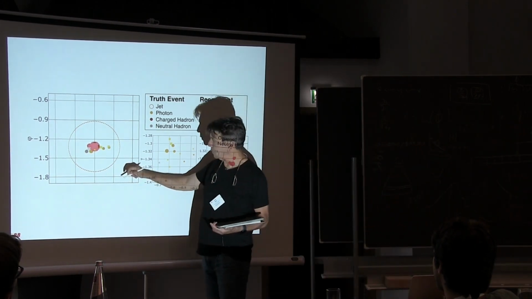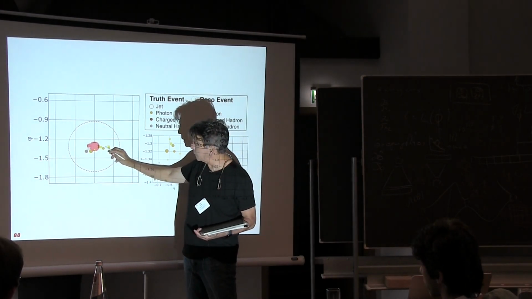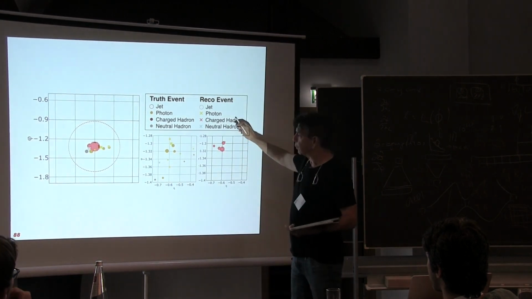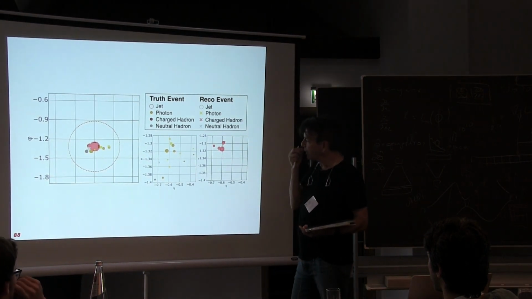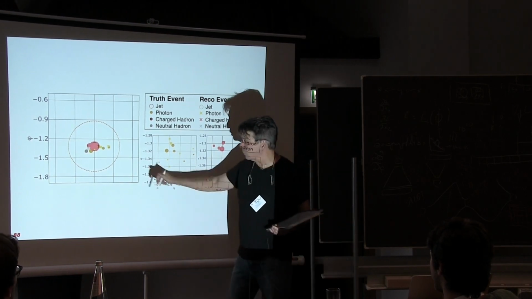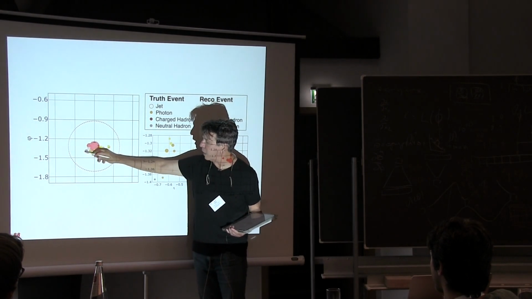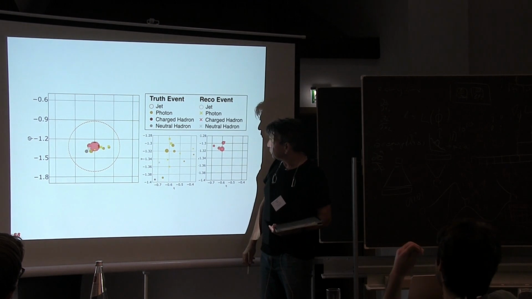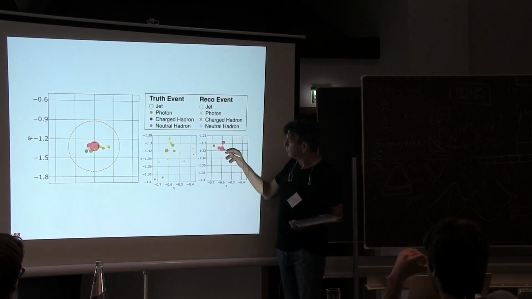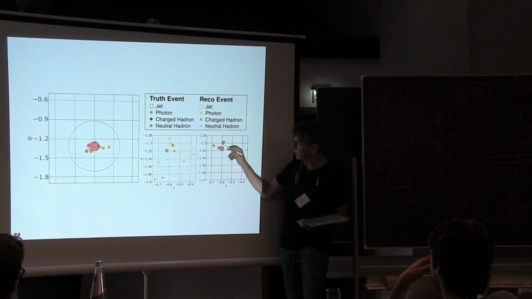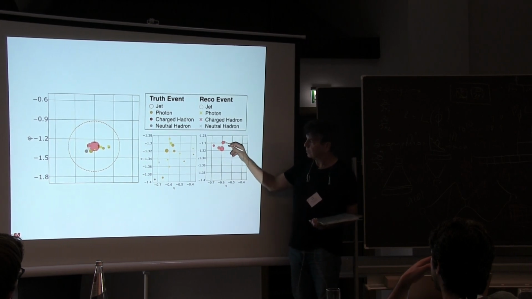Second, the x's are the reconstructions, and the circles are the truth event. So, for example, for charge hadrons, it's doing a perfect job. The x's sit inside the circles. You see it here, inside the circles.